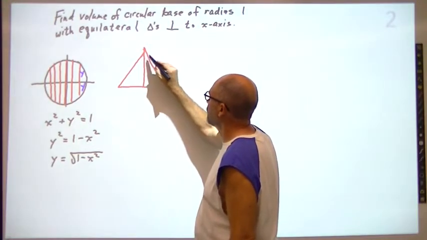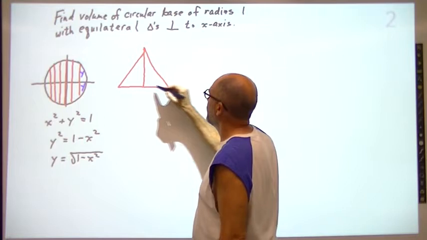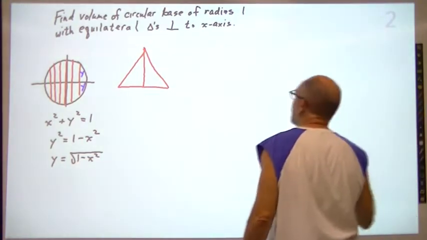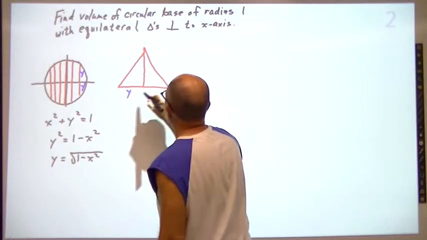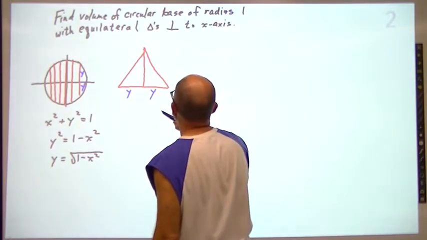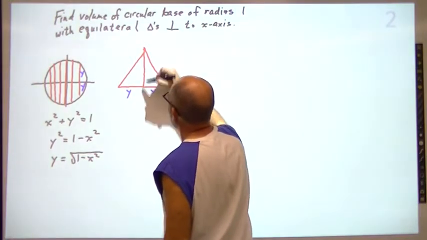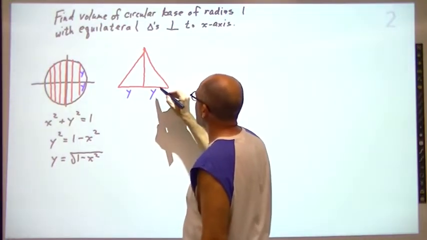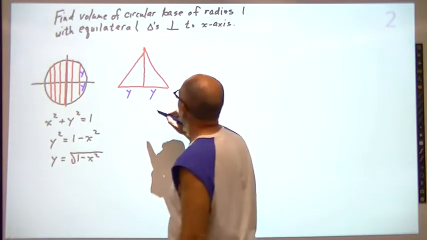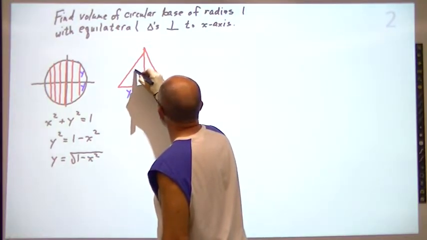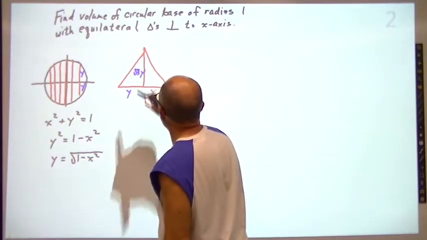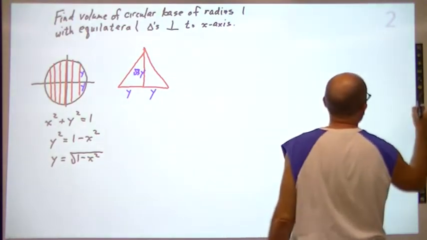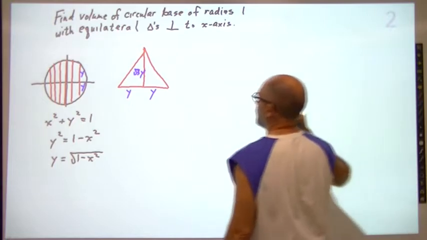When I split that, that's 2 30s. So this becomes a 30, 60, 90. With a 30, 60, 90, I know that this is y, and what's the altitude of a 30, 60, 90? Well, it's the square root of 3 times the short side. So this becomes square root of 3y.